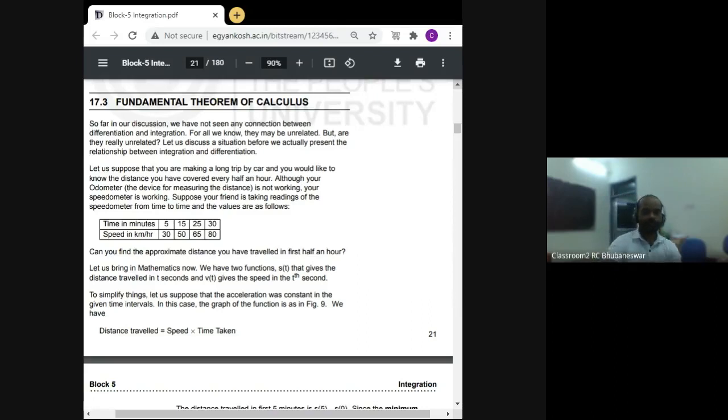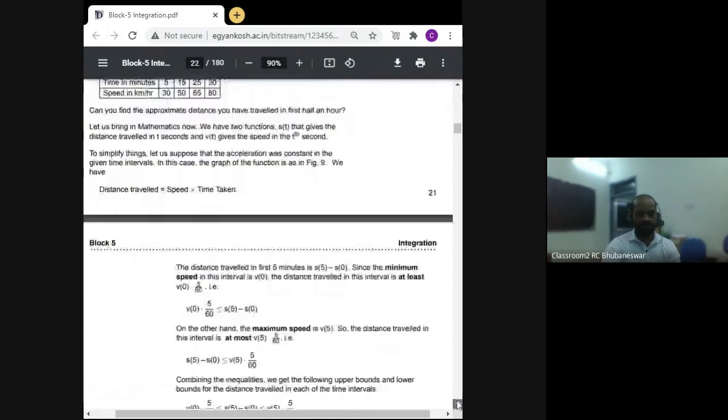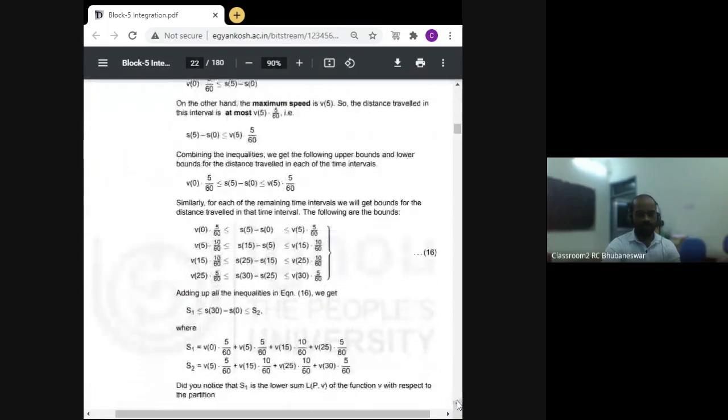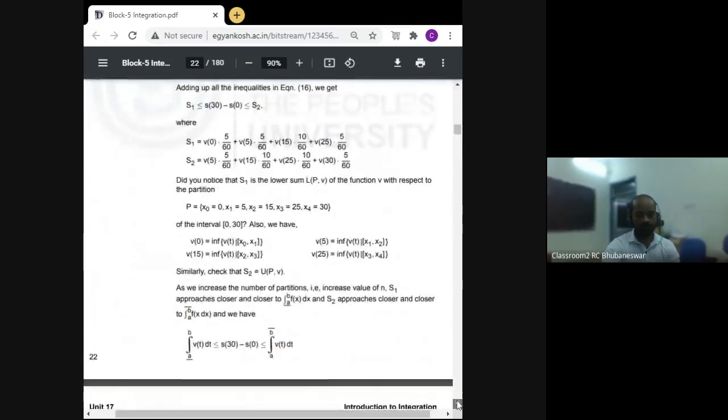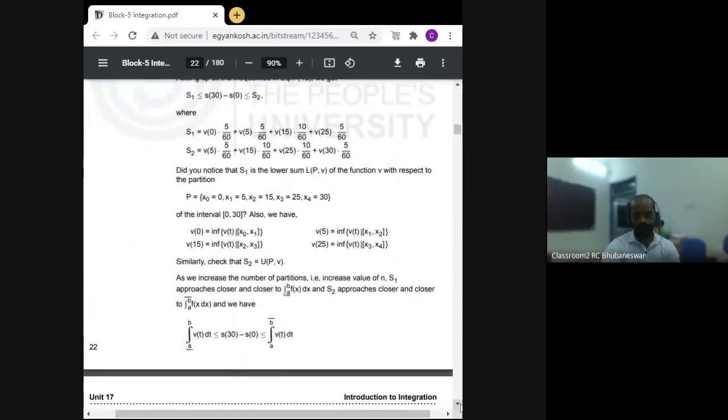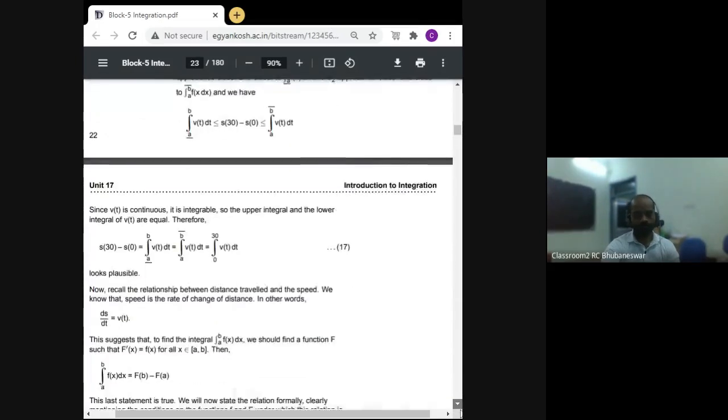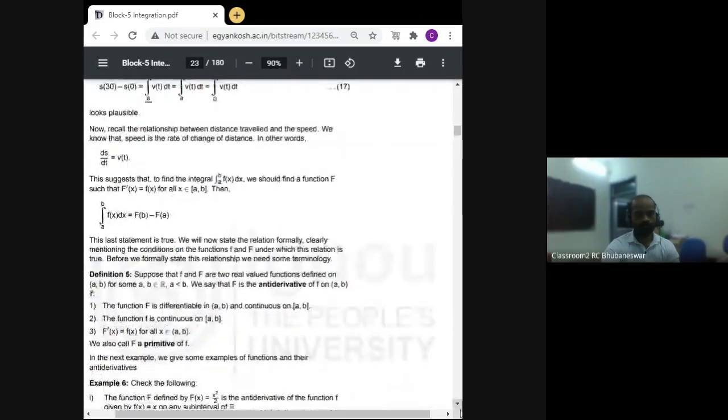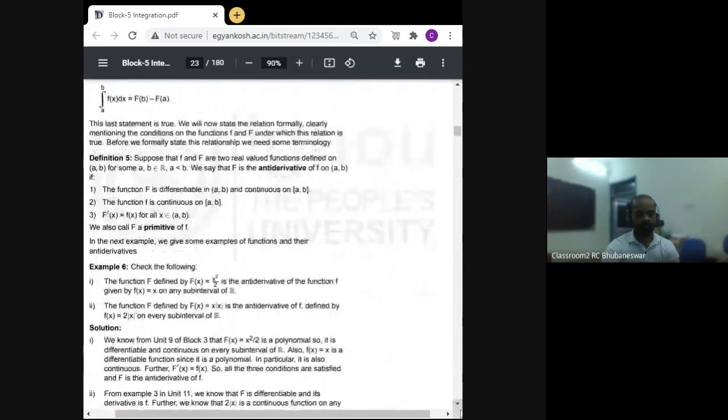So here, let us discuss the fundamental theorem of calculus. Here, the statement goes like this. First, the definition of antiderivative.